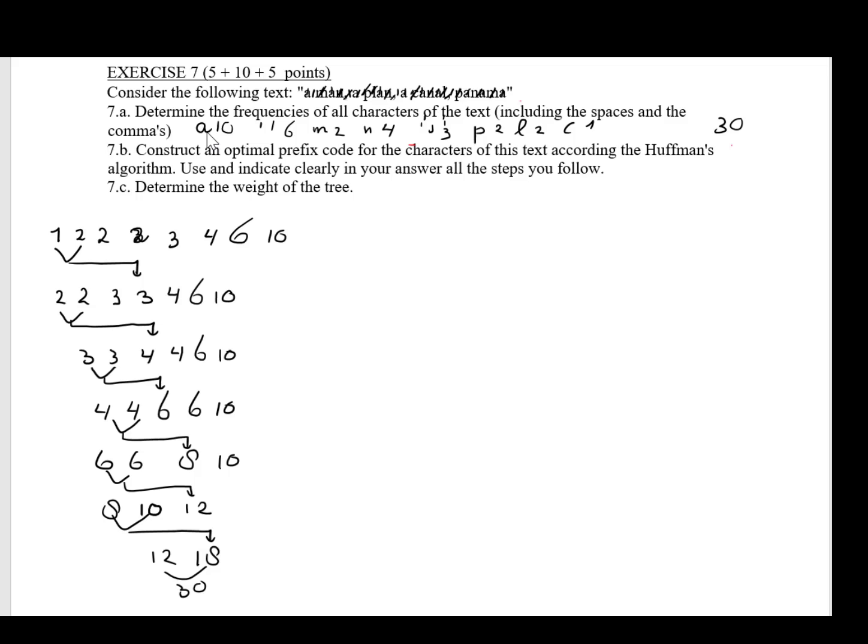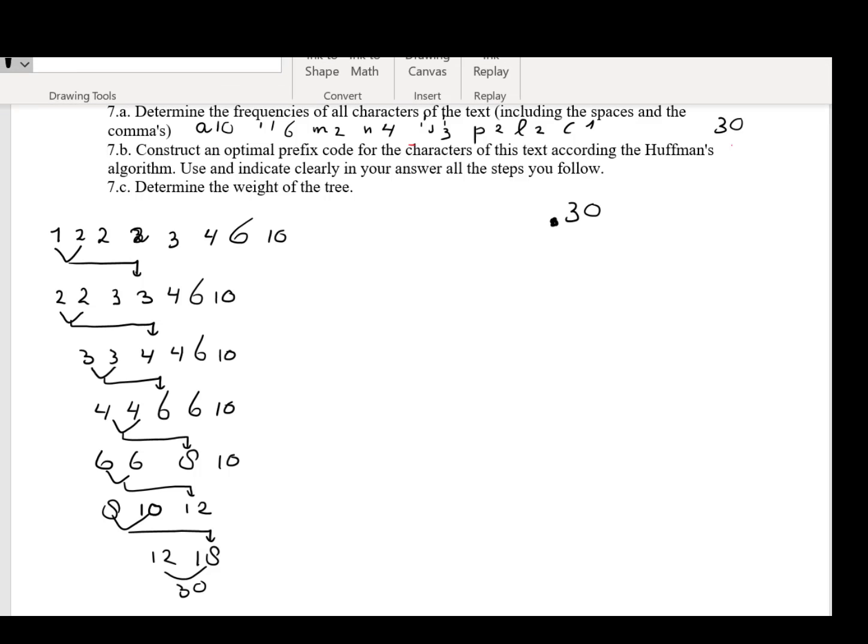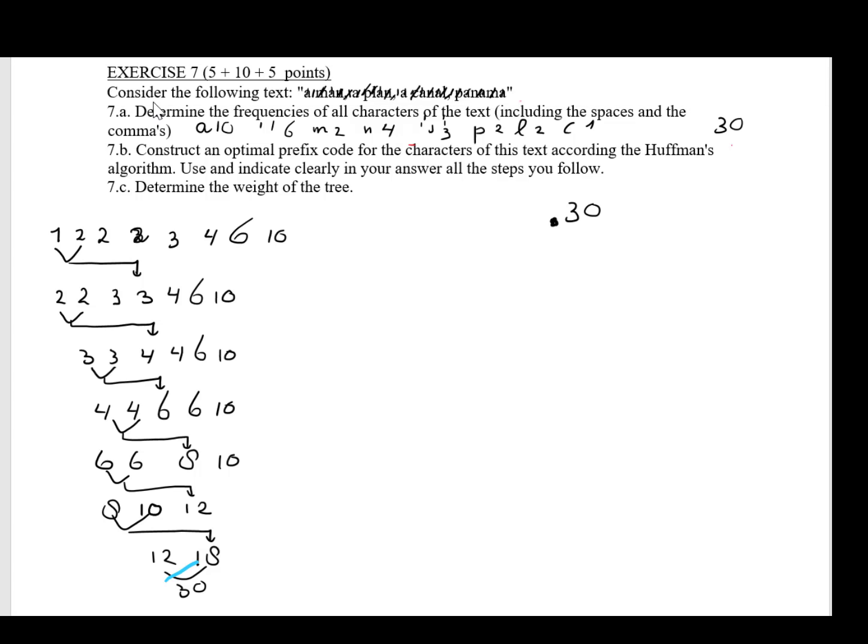Now what we need to do now is construct the tree starting with the highest number. And at the end we hope to have leaves with frequencies corresponding with the given ones. So 30, and let's make it a different color. 30 is made out of 12 and 18. Then we have 18 made up of 8 and 10.